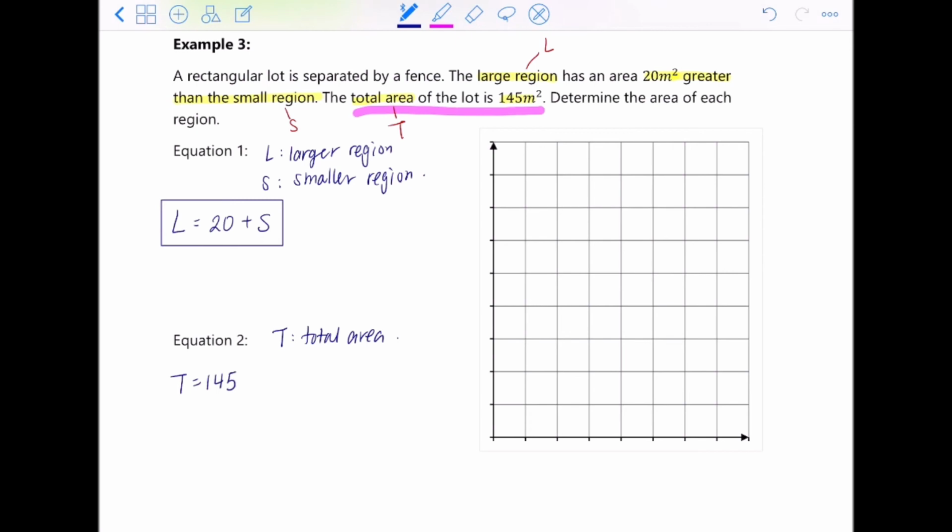But we also know that the total area is adding the smaller region and the larger region. So S plus L equals 145. Because we were given that the total area is 145, you just sub in right here.